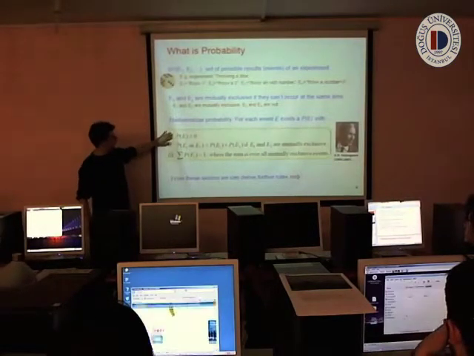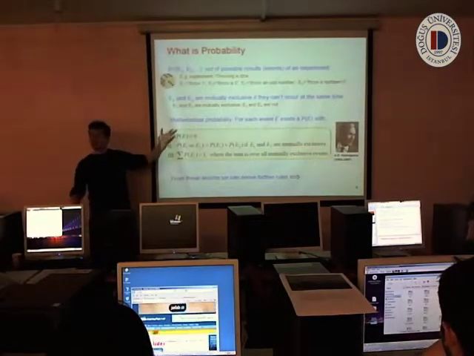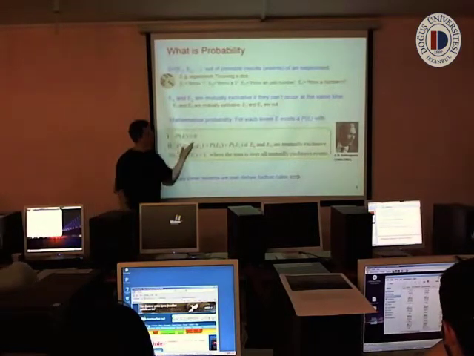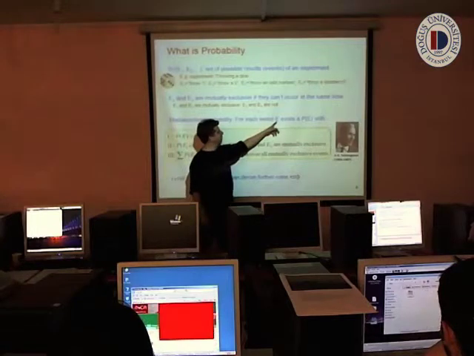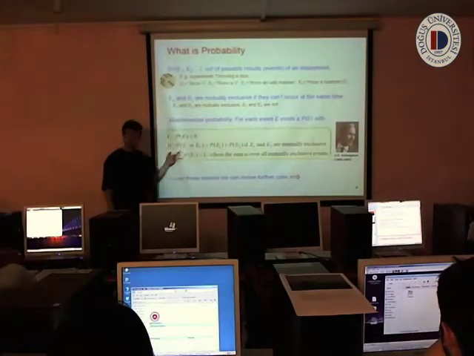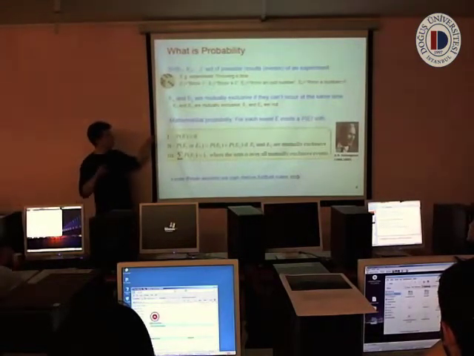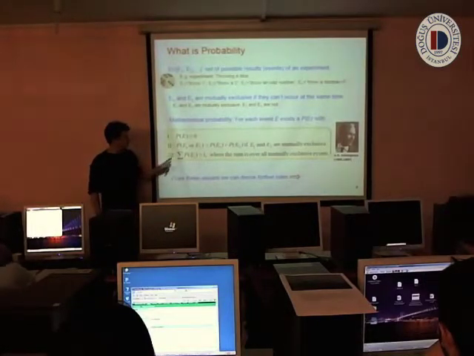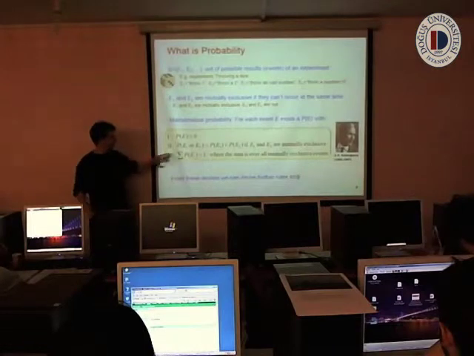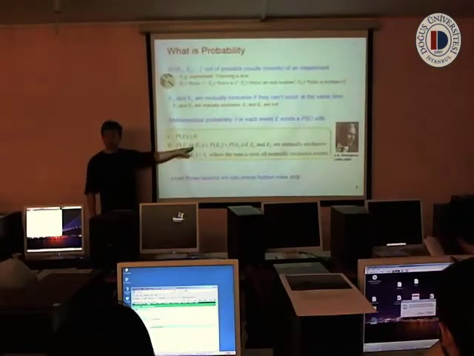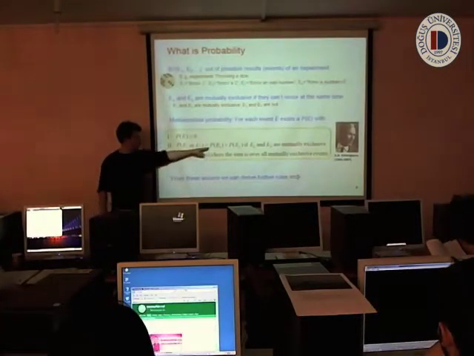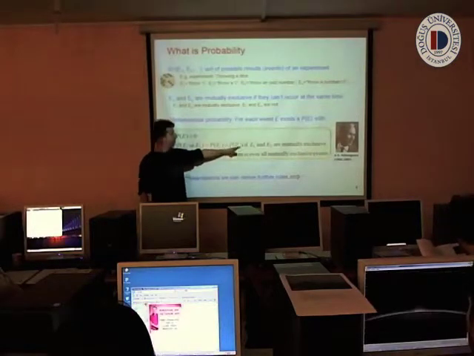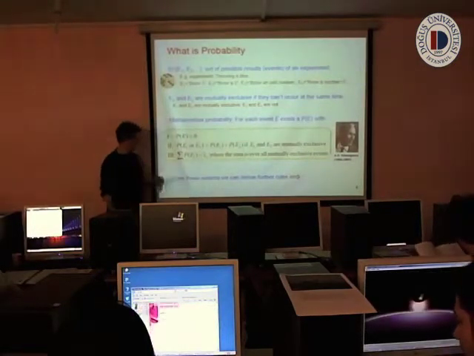Then Kolmogorov went ahead and said, I define mathematical probability as a function for an event E, which has these 3 properties. The probability is larger or equal to 0. If I have 2 events, the probability that one or the other happens is the probability of one plus the probability of the other, if the 2 are mutually exclusive.